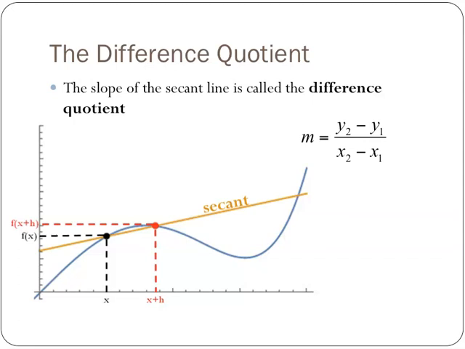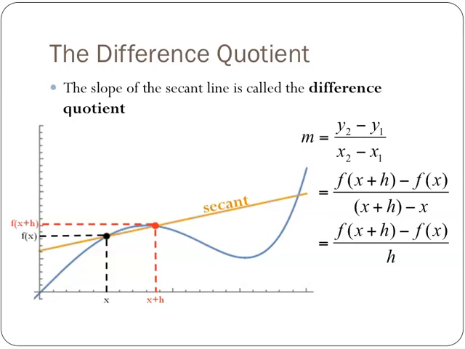And y2 is f of x plus h, y1 is f of x, x2 is x plus h, and x1 is x. Simplifying the denominator, the x and the minus x cancel, which leaves us with h in the denominator. So this gives us the slope of the secant line.